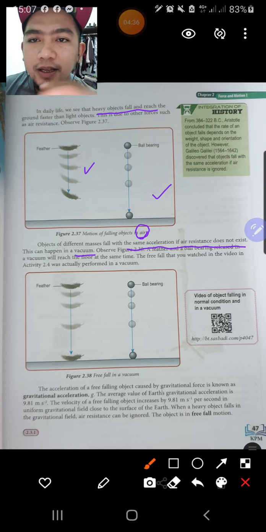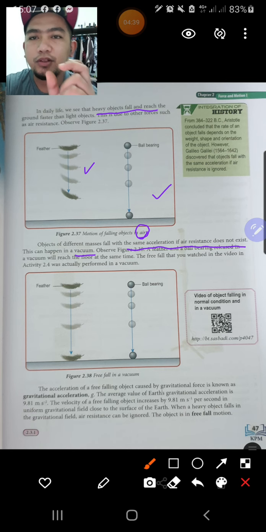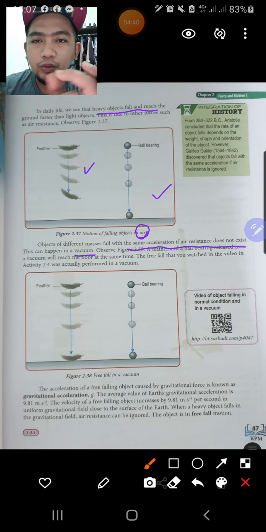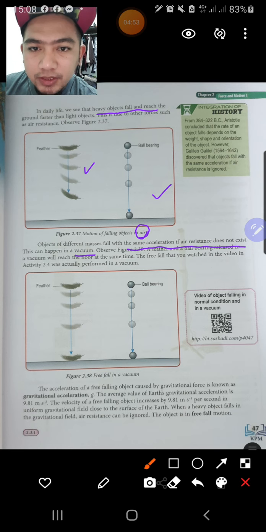Vacuum means satu permukaan, satu ruang, satu space yang tidak ada udara langsung. There is no air. Okay, means hanya ada gravitational force only. Okay, observe Figure 2.38. A feather and ball bearing released in a vacuum will reach the floor at the same time.